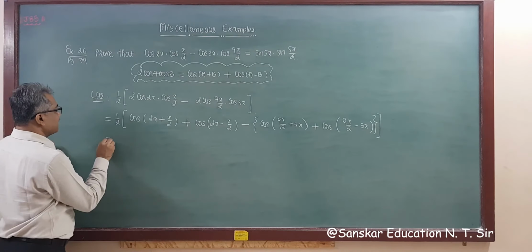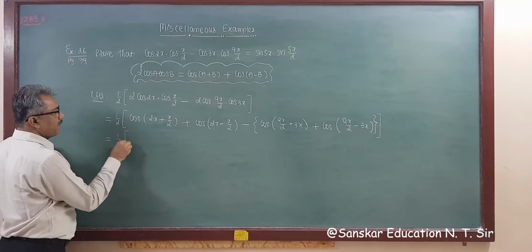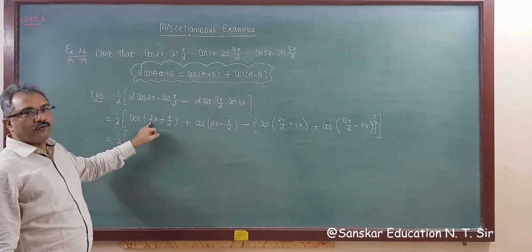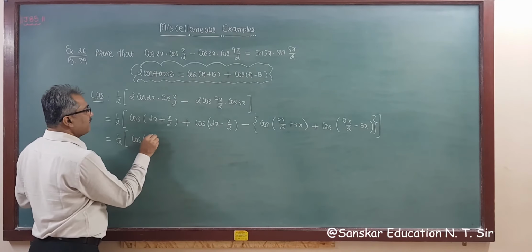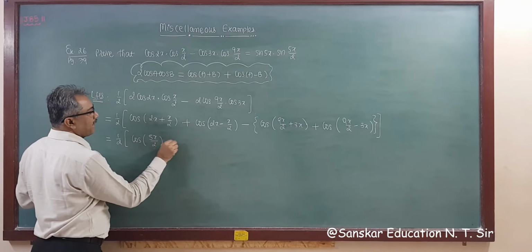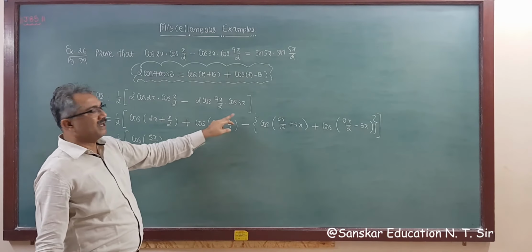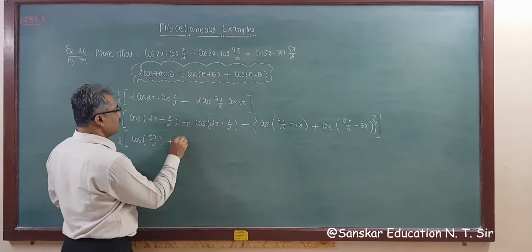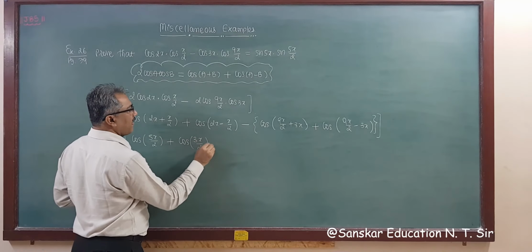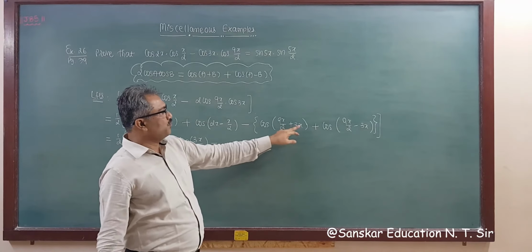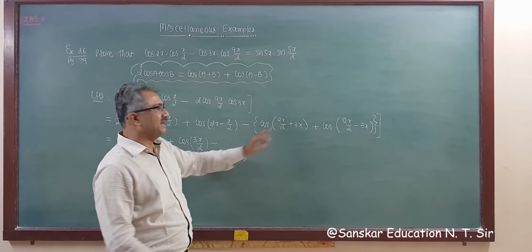Now this is 1 upon 2 cos of 2 into 2, that is 4, plus 1, 5x by 2. So this is cos 5x by 2 plus, 4 minus 1, that is 3x by 2, so cos 3x by 2, minus, 2 into 3 is 6 plus 9, 15x by 2.